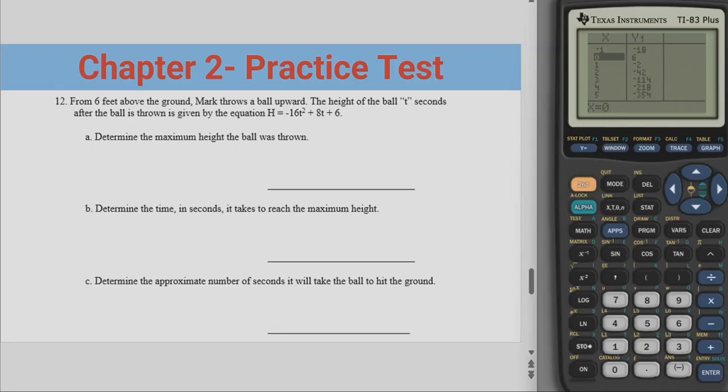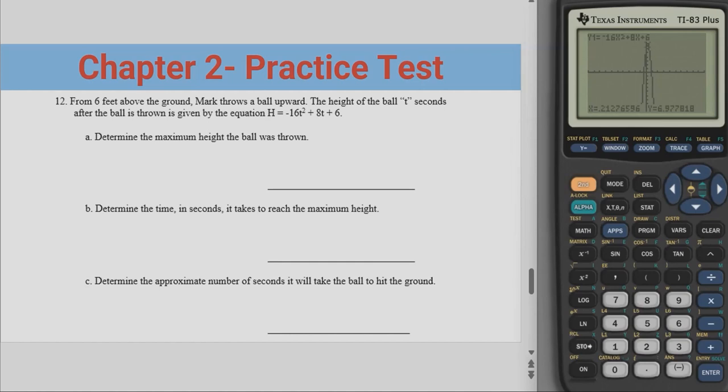I can try various things to try and get better information. I can try to trace. I see it about right here between 0.21 and 0.4 seconds. It maximizes at about 7, right? And then it drops back down to the ground here close to 1 second, right? So I'm not getting super accurate data from this graph. I can do my best to scroll, but I'm not getting accurate enough data because it says determine.